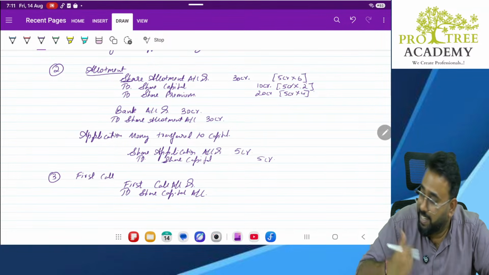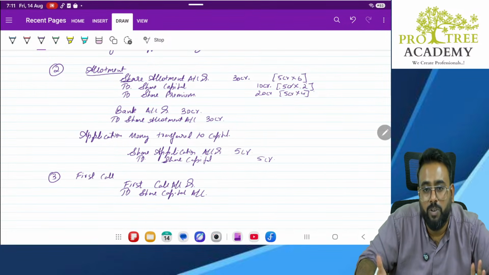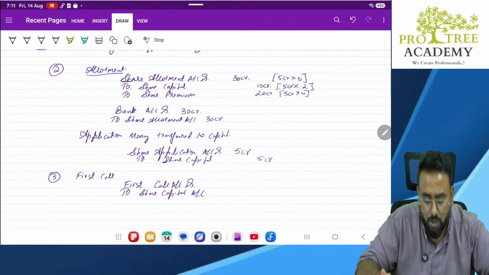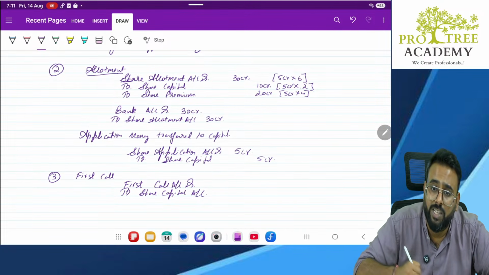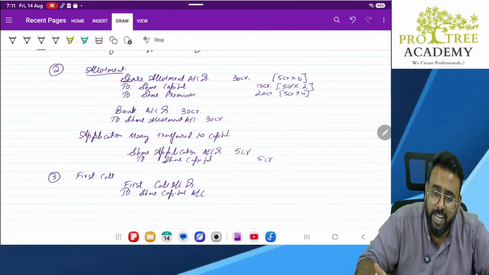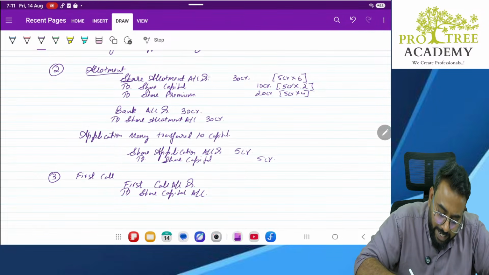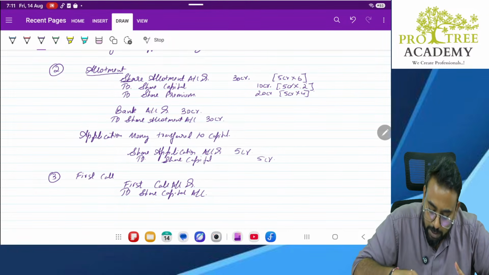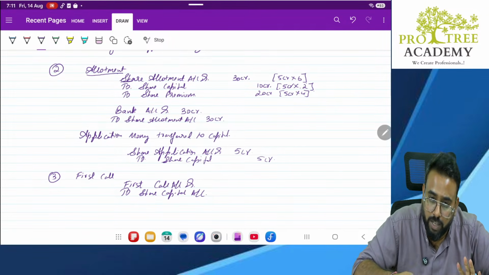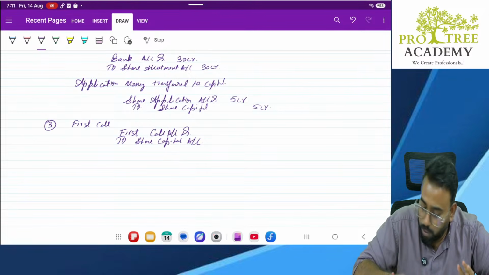The entry always remains the same. The word changes: that time it was allotment, so we used the word allotment. Here it is first call, so we use first call. If it was the second call, we would use second call. But the entry remains the same. The additional entry, share premium, was fully paid in allotment, so it will not come again. Here it will be only share capital.